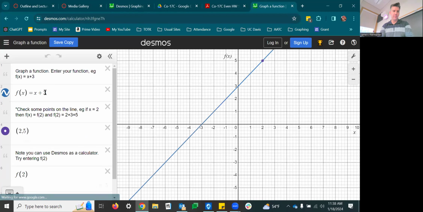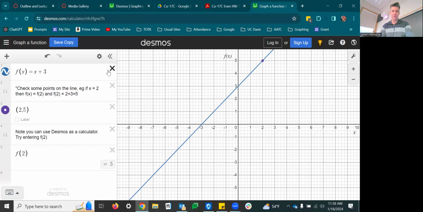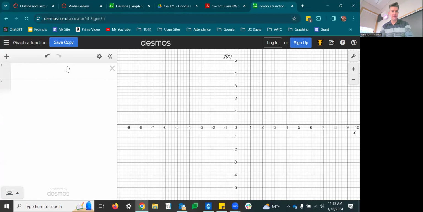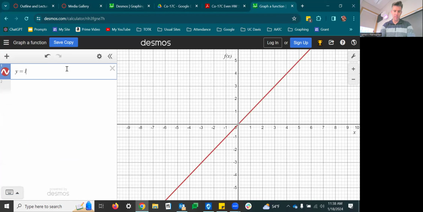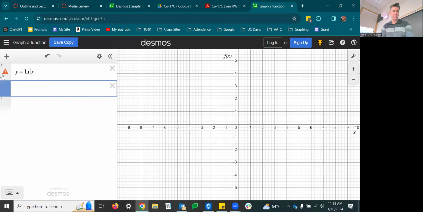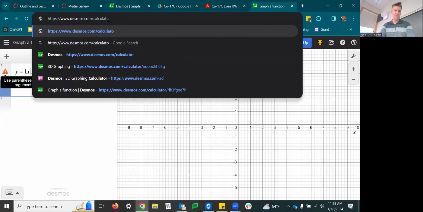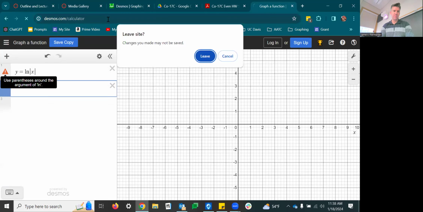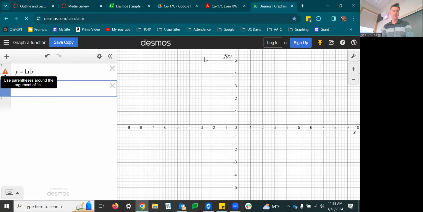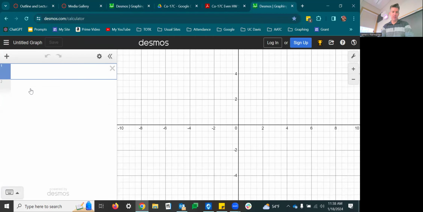So just to point out, what is going on? Please stop being so annoying. Y equal to the natural log of the absolute value of x. Of course. Sometimes computers are not my friend. Yeah, that's good. There we go.